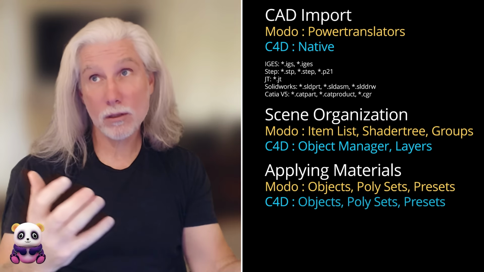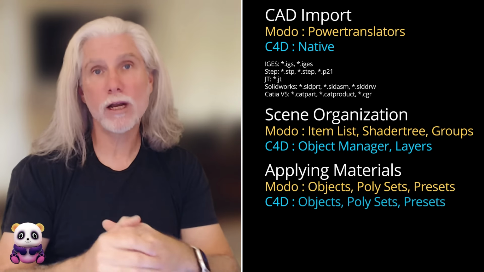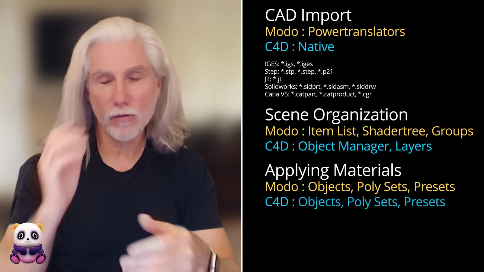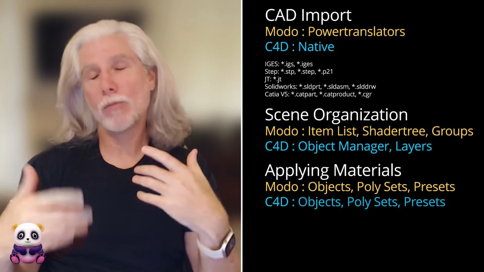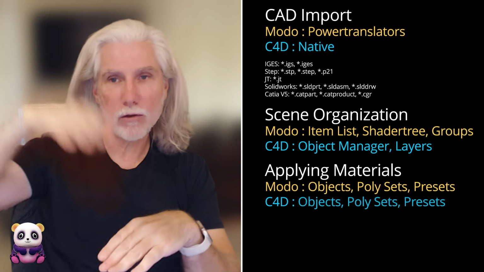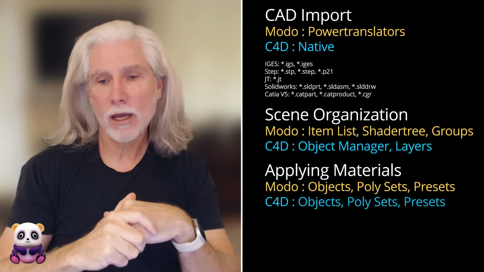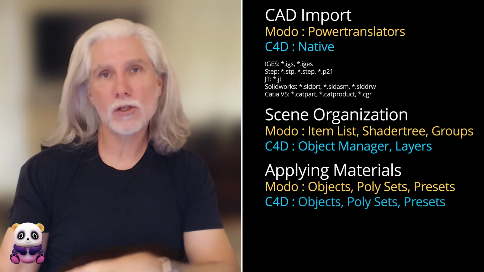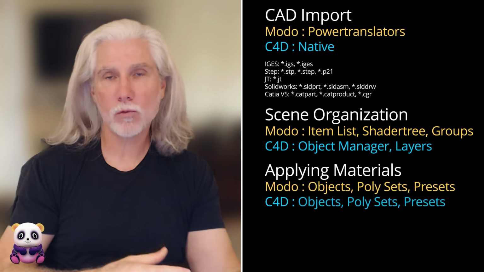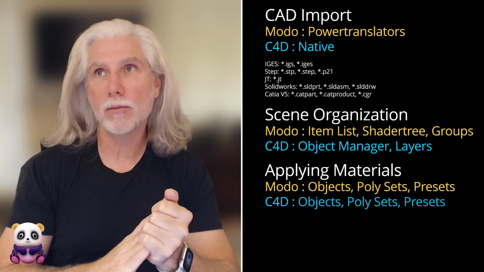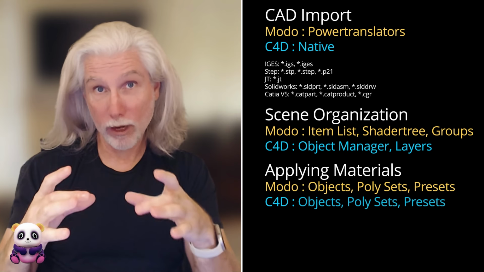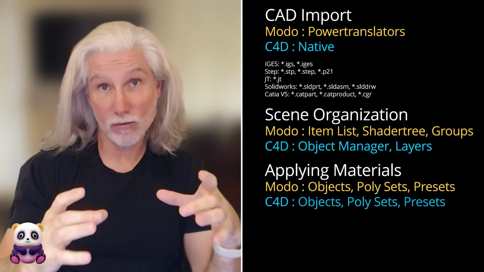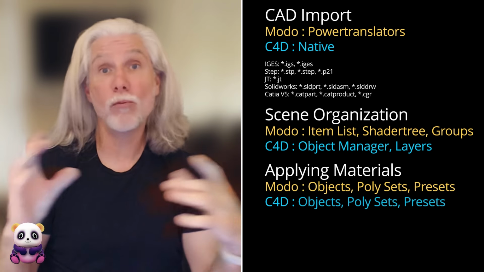So coming into Cinema 4D, I was worried I was going to lose some of that flexibility and efficiency. And really, aside from Cinema 4D being more traditional and not having the full scene evaluation of individual materials, you can quickly apply materials to objects, which quite frankly, when you're dealing with CAD items, most pieces of geometry are just going to be one full stainless steel piece, one full black plastic piece.